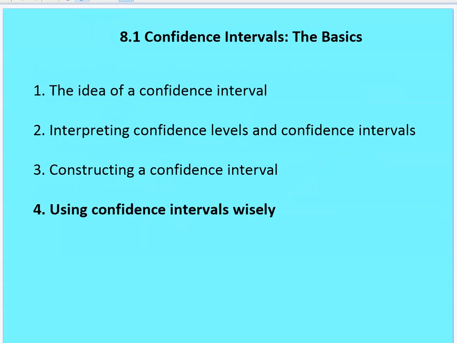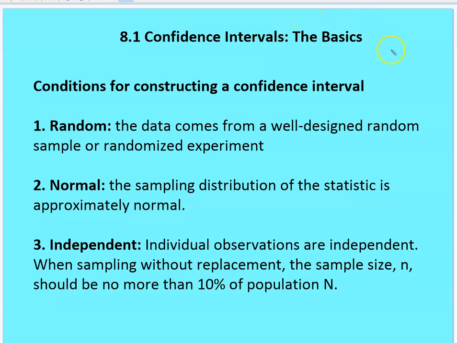All right, so let's talk about using confidence intervals wisely. Of course, we want to talk about conditions for constructing a confidence interval: random, normal, and independent. So we need to make sure that the data comes from a well-designed random sample or randomized experiment. Normal: the sampling distribution of the statistic is approximately normal.